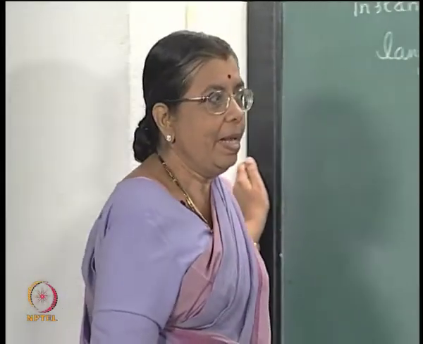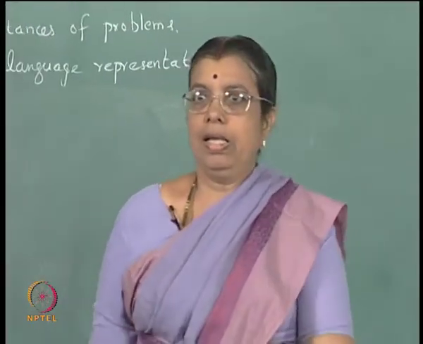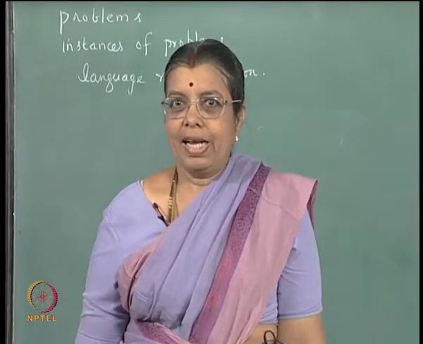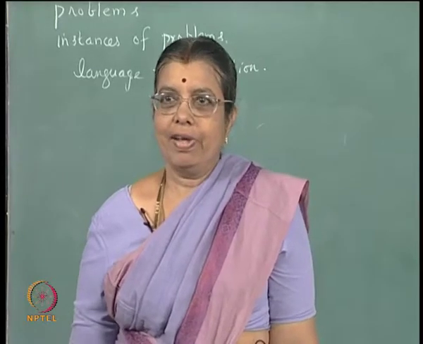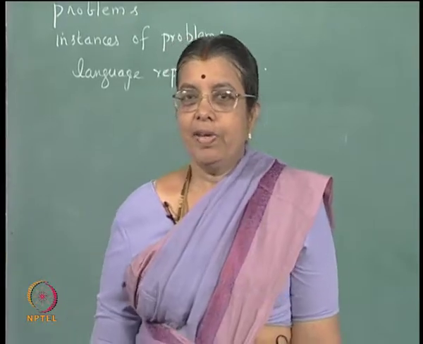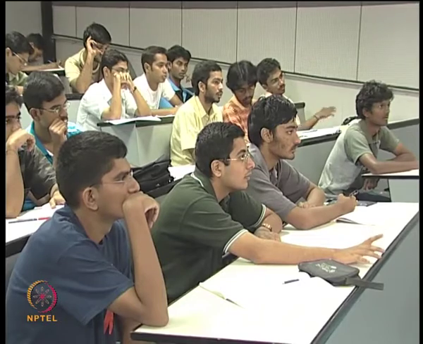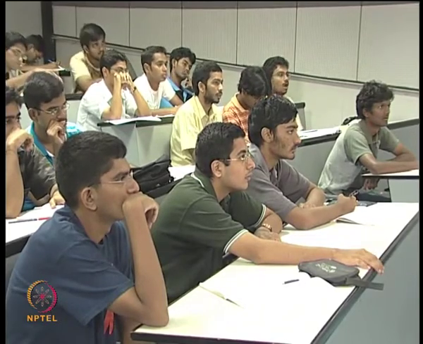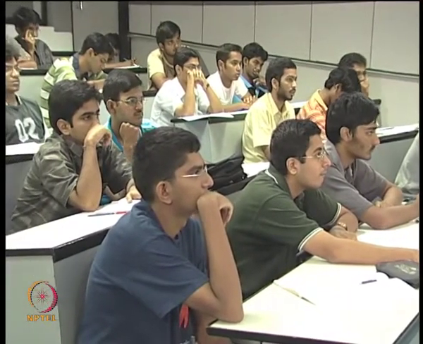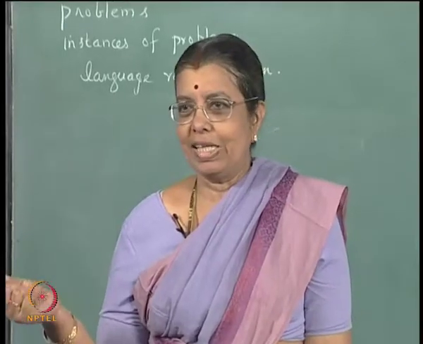What is the validity problem for first order logic? Given an expression, is it valid in first order logic or not? Like for all x, for all y, P of x y is equivalent to for all y, for all x, because if both are universal quantifiers you can interchange them, if both are existential you can interchange them, but if one is universal and one is existential, you cannot interchange.